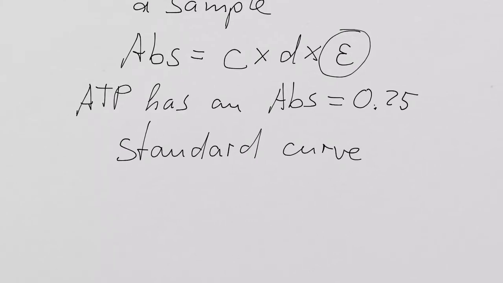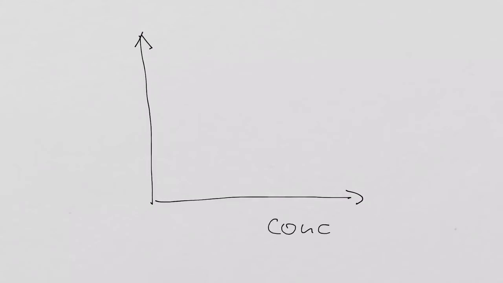And as you absolutely rightly said, Gokul, what we simply do is we take certain concentrations of ATP that we can make up, and we measure the absorbance of these things. And what we get then would be ideally something like that. So we have our concentration here, and we have the absorbance here. So that would be then our standard curve, very roughly sketched. This would be our standard curve.